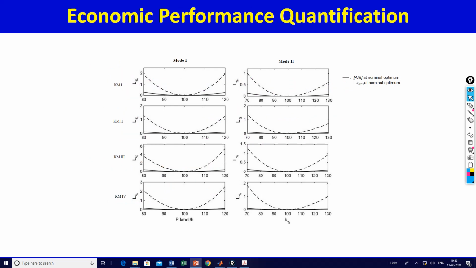I just wanted to show you mode 1 for the kinetics that we had. What is the loss?